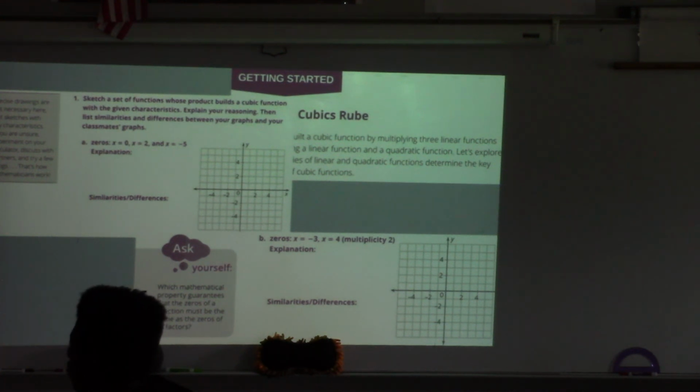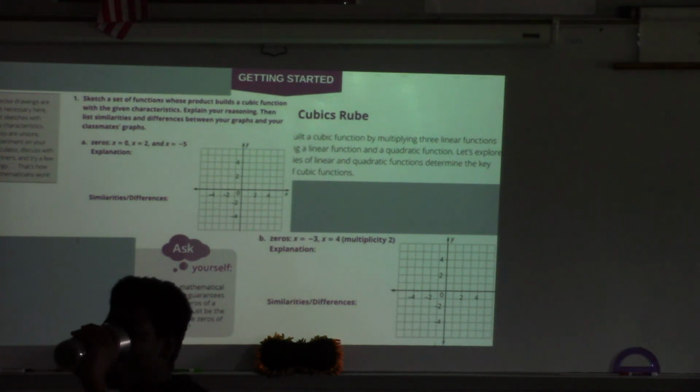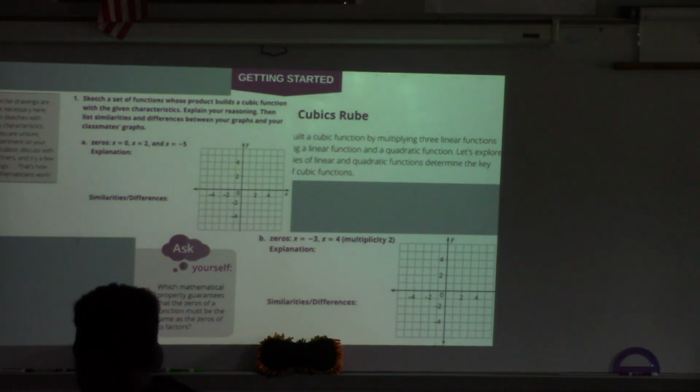So the definition for rube is a country bumpkin. I did not know that's the actual definition. We can't use that on anybody else. They're gonna be like, you're from Alabama, dude. Calm down. Apparently Grayson's a bit of a rube, but thank you for making me laugh. That made me feel much better.